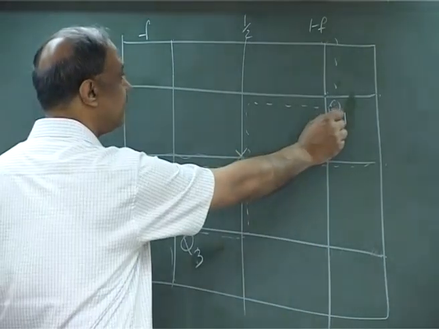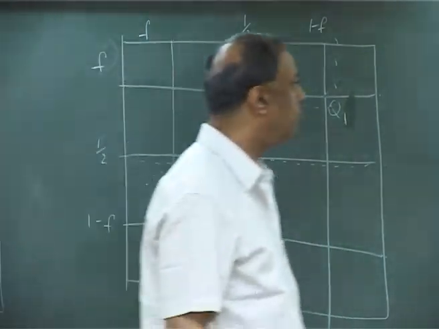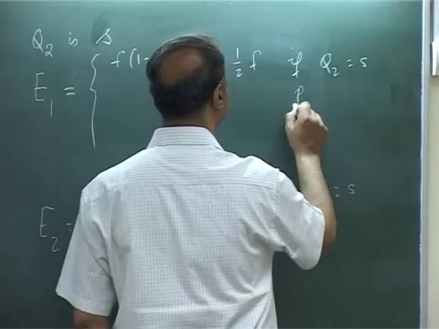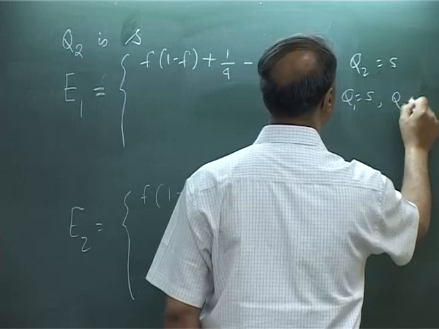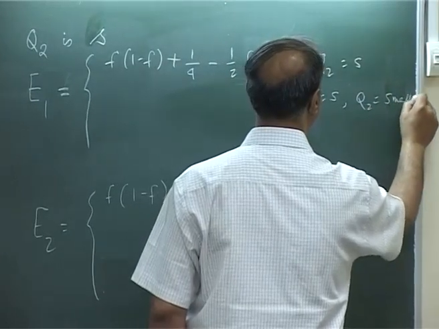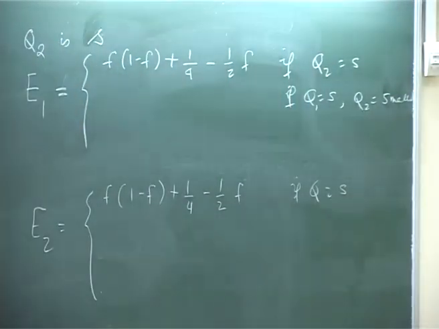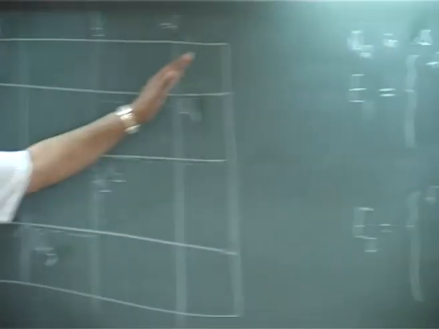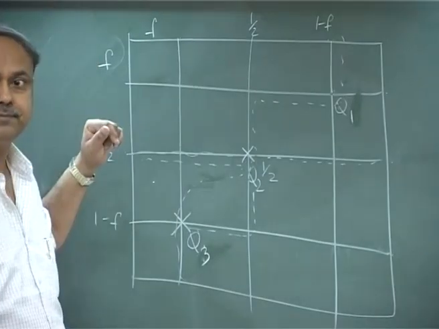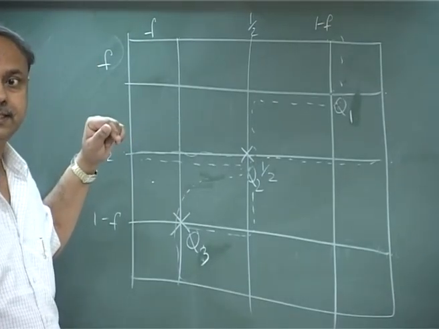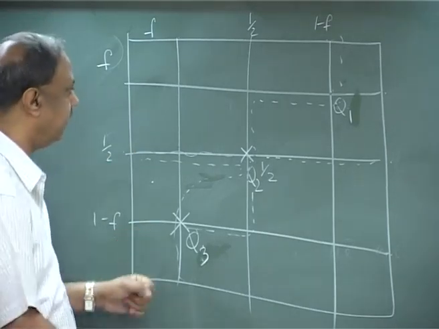If this is the second element, if Q1 is S and Q2 is smallest, in that case, the area is same. Area is same. Agreed? But what about the other side?